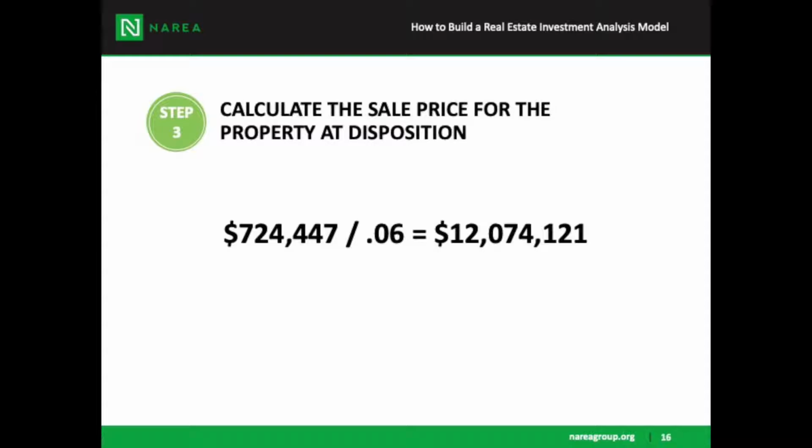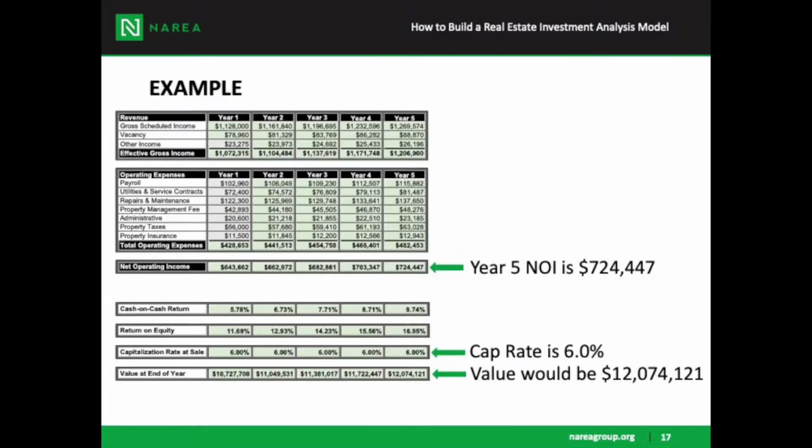Step 3, calculate the sale price for the property at disposition. That's simply taking your 5th-year NOI, dividing it by the cap rate that you set, and that establishes a value. So there's your net operating income in year 5, there's your cap rate, and there's your value.